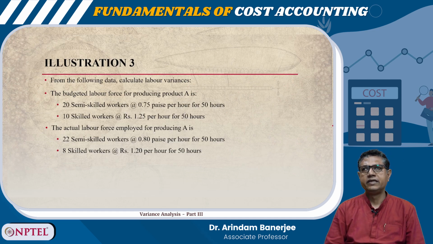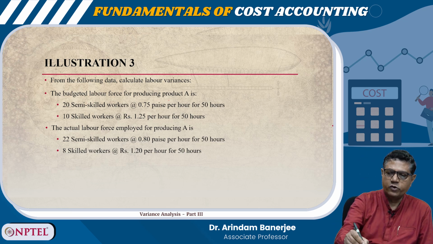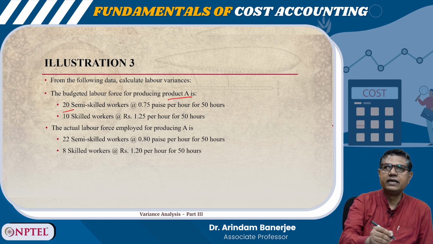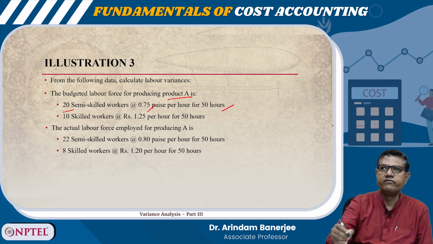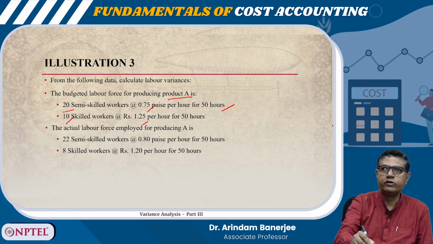From the following data, calculate labor variances. The budgeted labor force for producing product A is 20 semi-skilled workers at the rate of 0.75 paisa per hour for 50 hours, 10 skilled workers at the rate of 1.25 per hour for 50 hours.